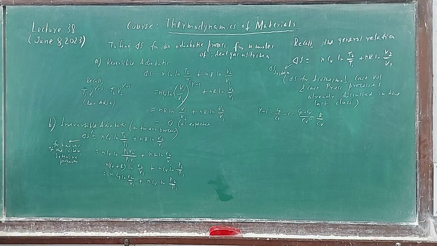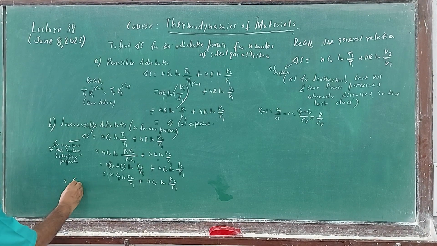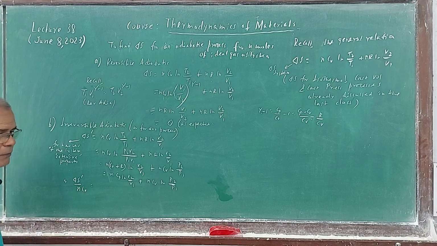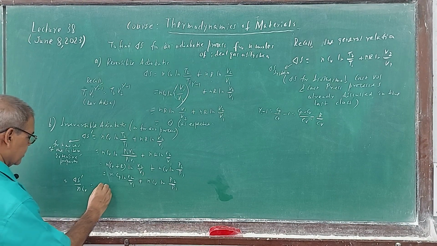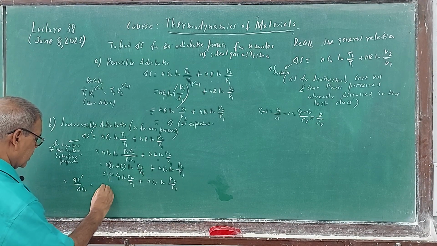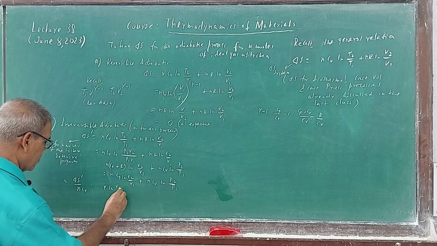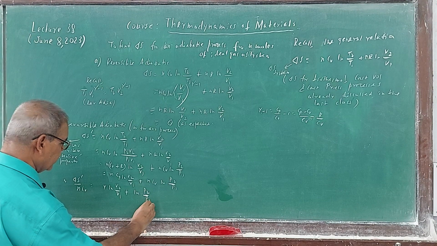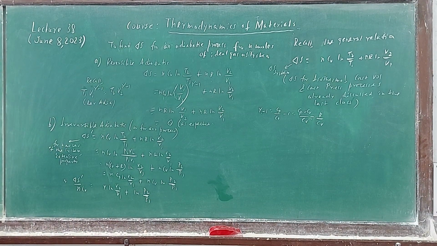Now I divide by N Cv. Okay, follow this. Or delta S prime, coming. N Cv, please follow. Cp by Cv is what? Gamma. Do you have any difficulty with this line?